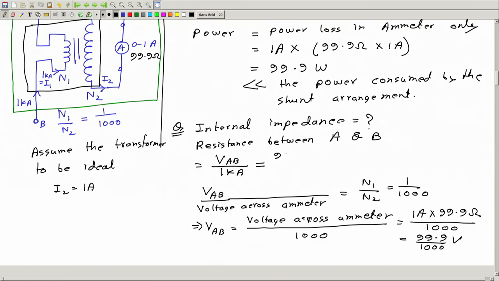VAB is 99.9 by 1000, and this is 1 kiloampere, so another 1000, volt by ampere. So this is 99.9 into 10 to the power minus 6 ohm.